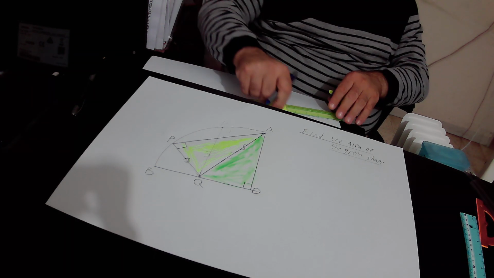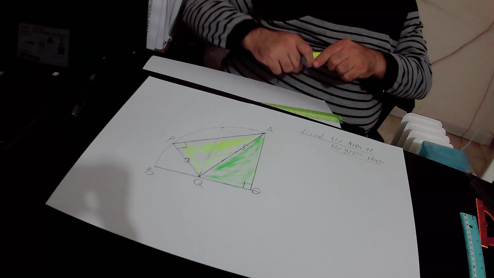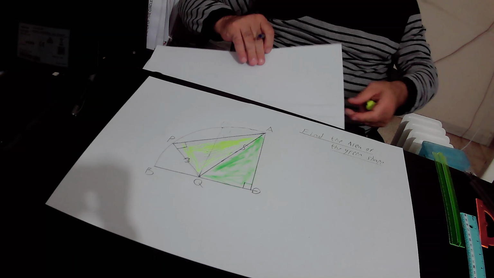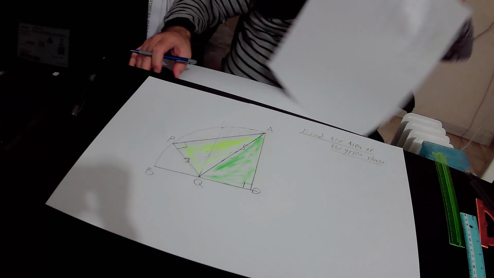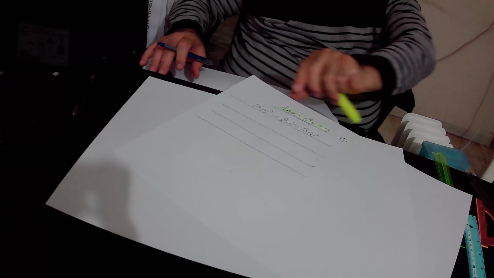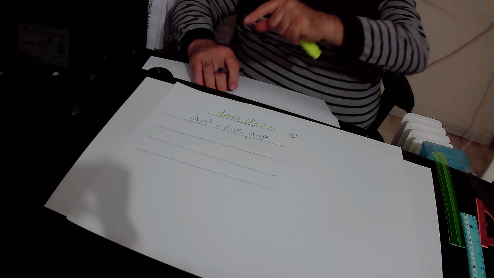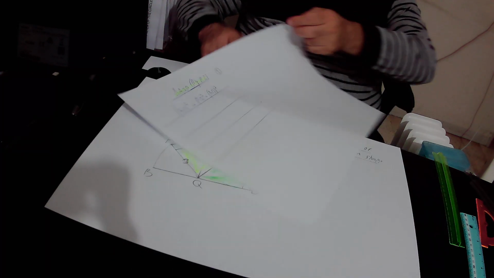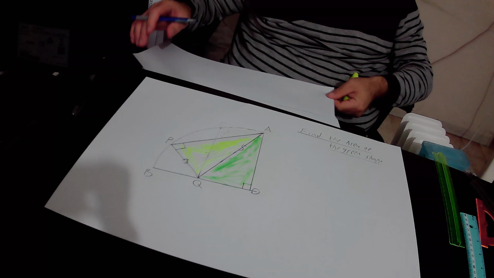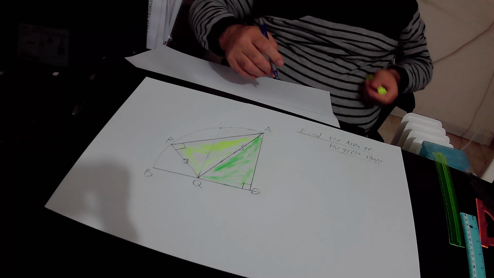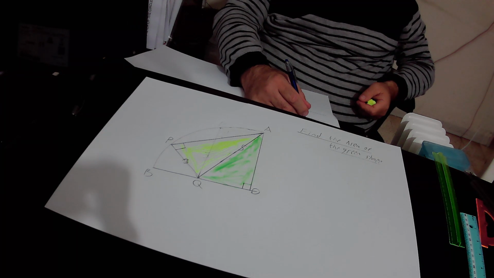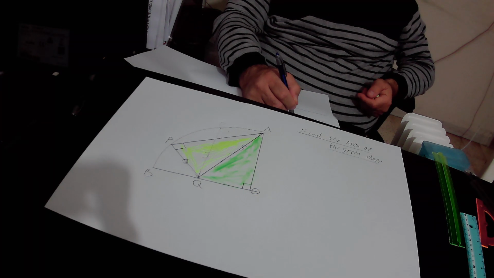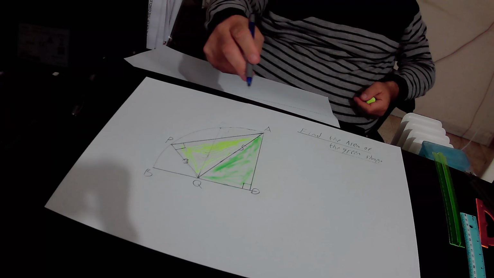Repeat again. In the yellow right triangle APQ, according to the Pythagoras theorem, we get that AP square equals PQ square plus AQ square. So AP square equals PQ square.